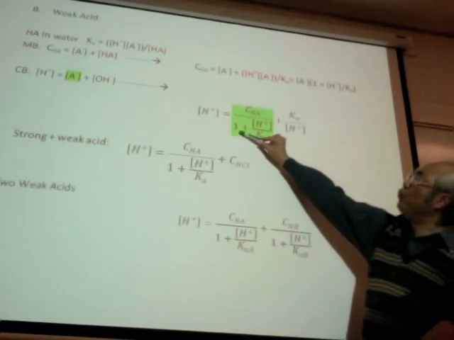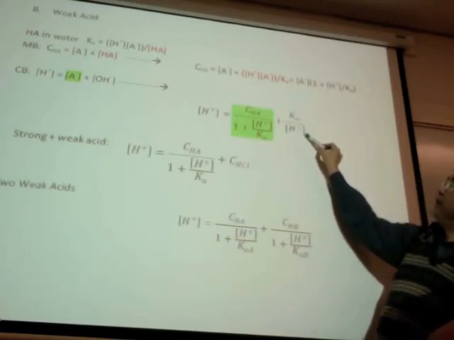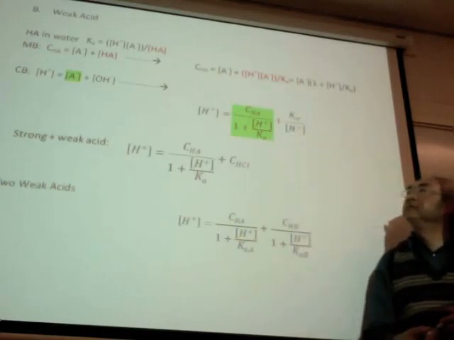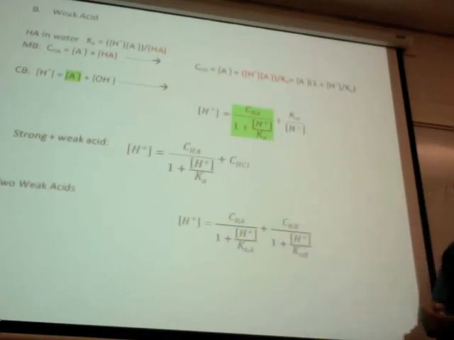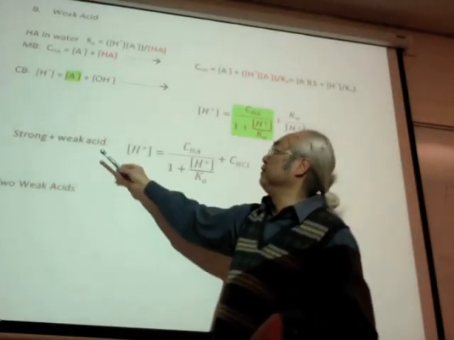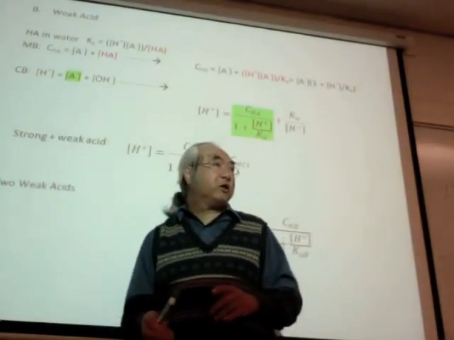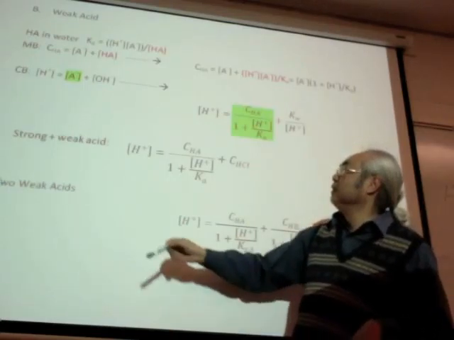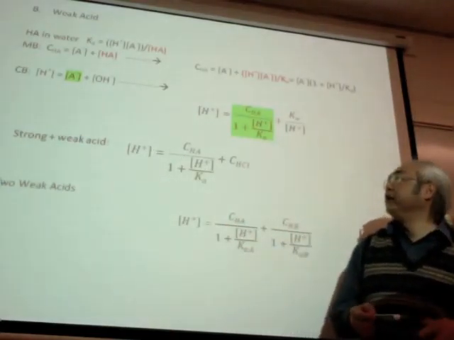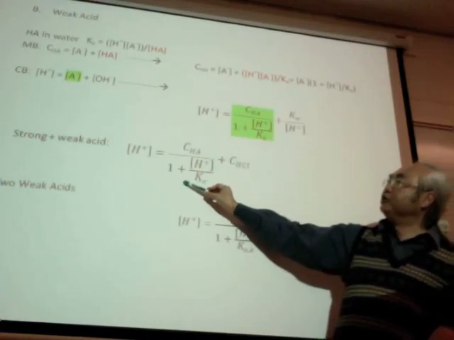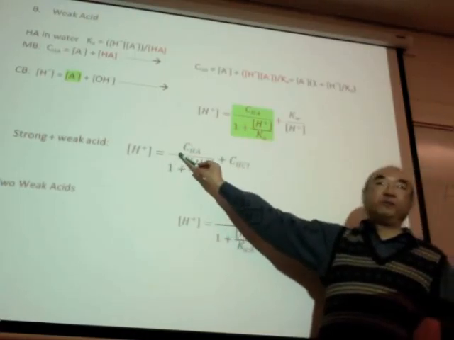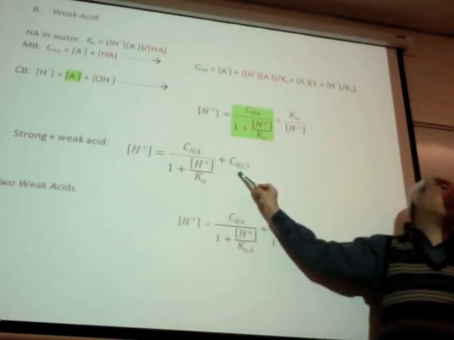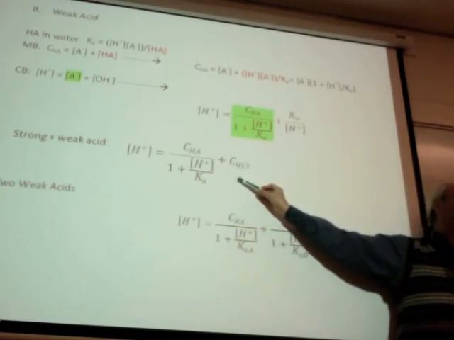Now notice this is a weak acid dissolved in water. You get this outcome. Now you follow a similar derivation. If the weak acid is mixed with a strong acid like HCl, then the total proton at equilibrium will be equal to the contribution from the weak acid plus the total contribution from your strong acid.